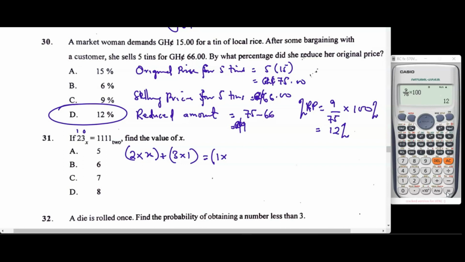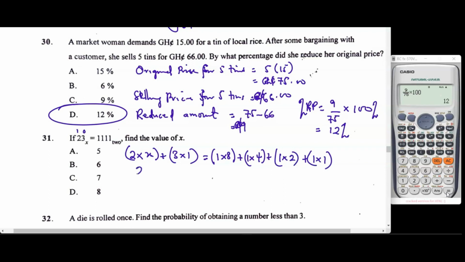So we have 1s, 2, 4, and 8 because they are in powers of that base. So we have 8 here plus 1 times place value of 4 plus 1 times place value of 2, then plus 1 times 1.